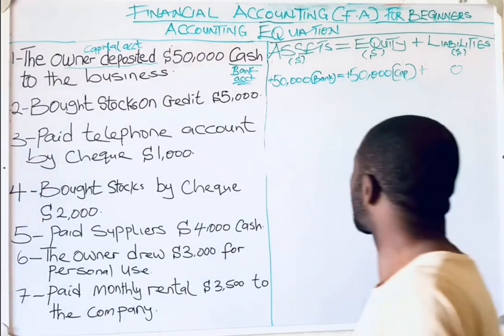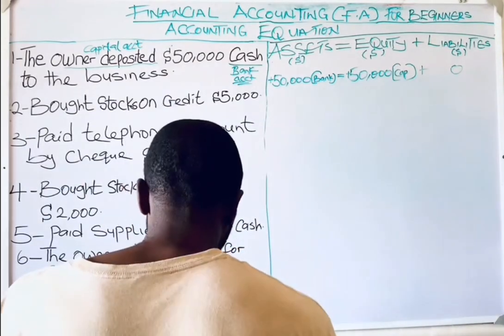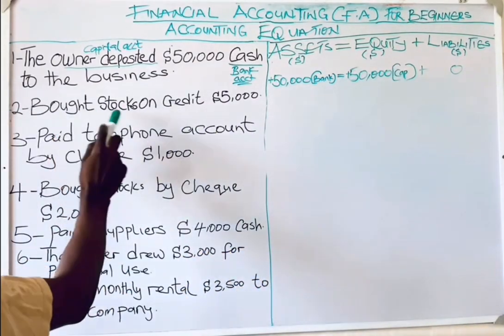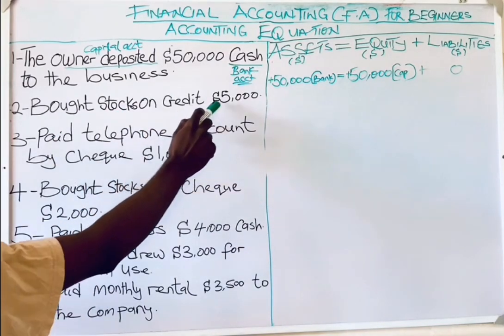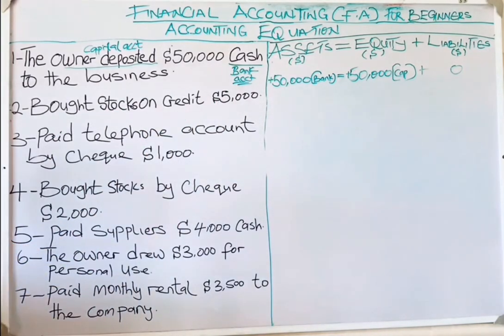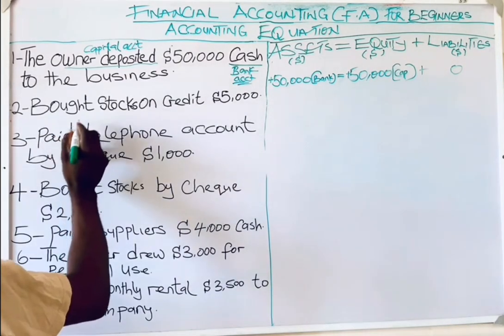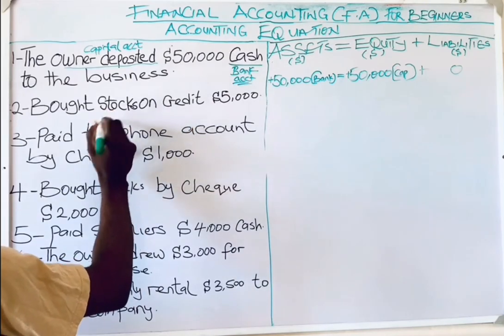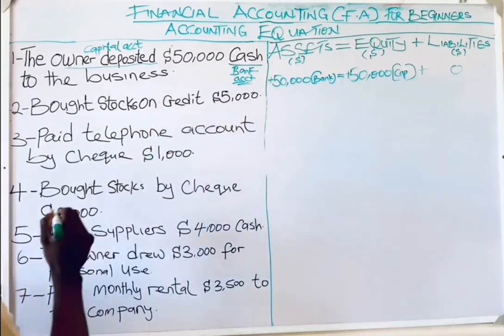Let's go to the second transaction. The second transaction says, let's identify the accounts. Bought stocks on credit, $5,000. Now, you're acquiring your stock, but this is on credit.